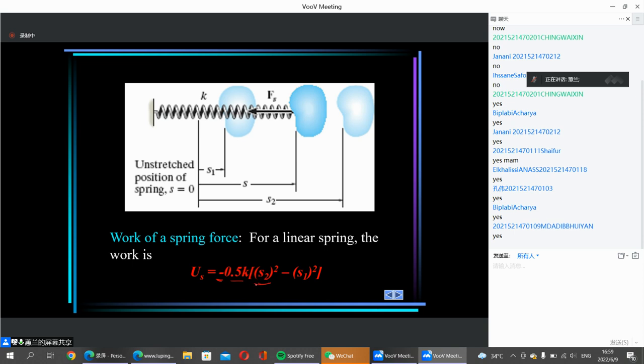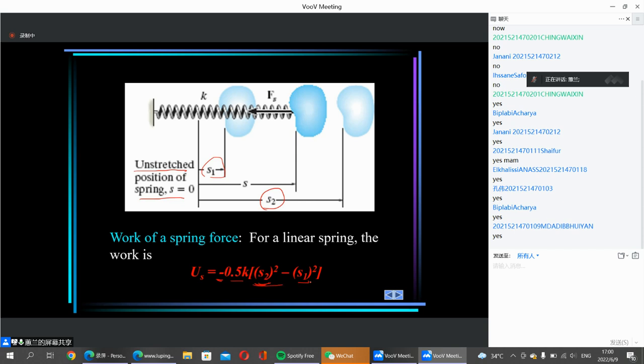Here it's very, very important: S2 and S1 are measured referring to the unstretched position of the spring.